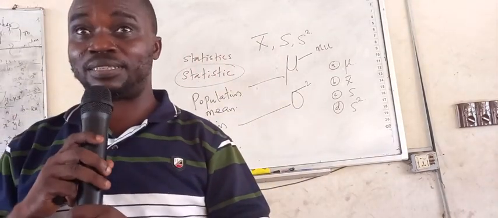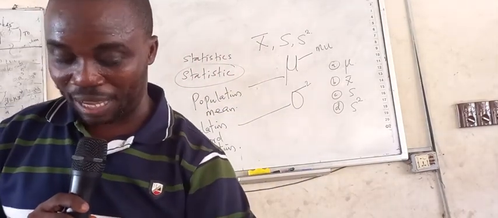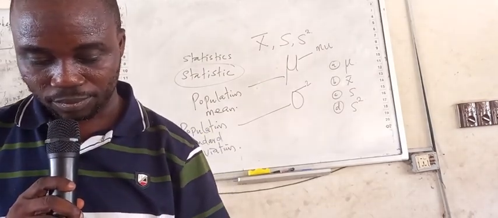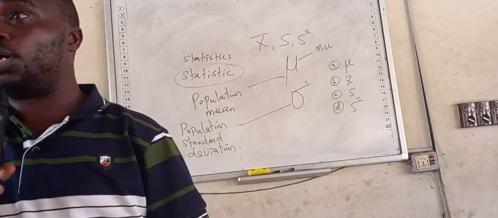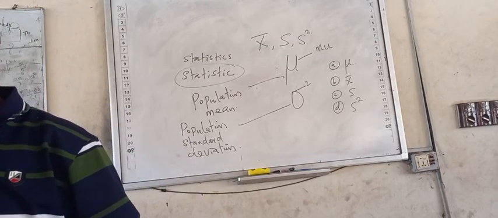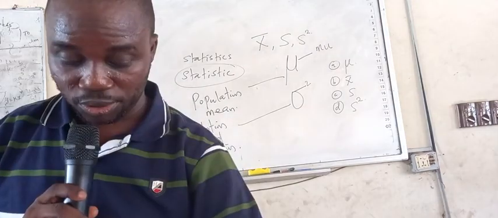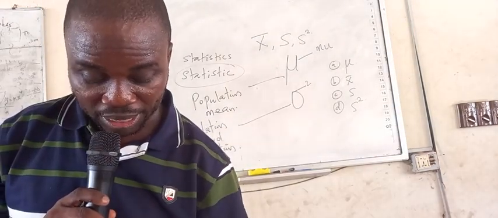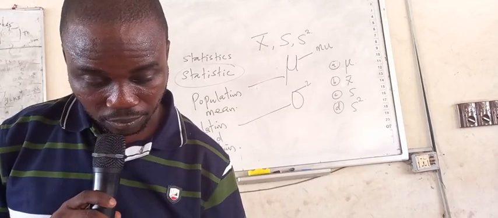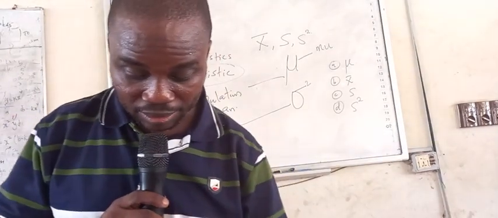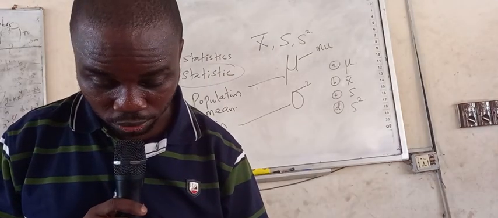So next class, we want to answer questions on page 1.7. So those of us that have the textbook, we pair ourselves. Questions 1 to 10 on page 9, we are going to look at those questions.